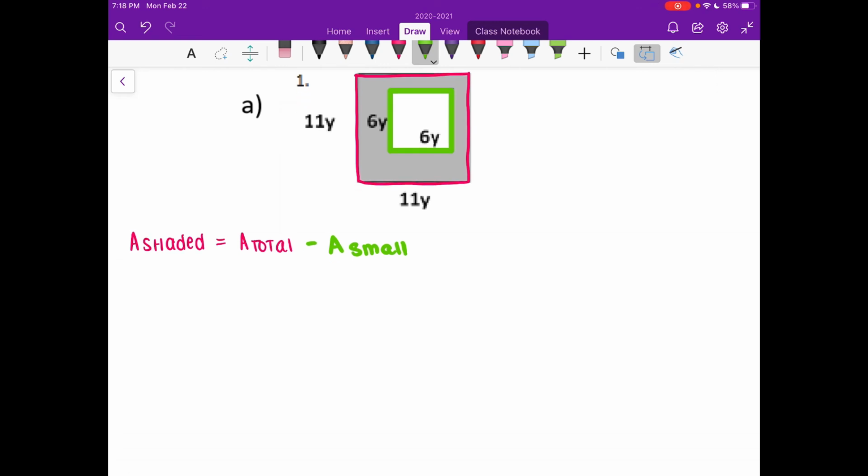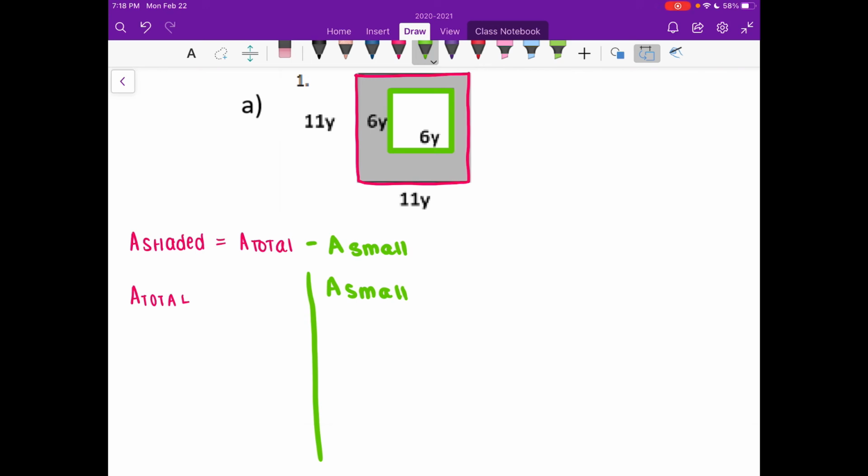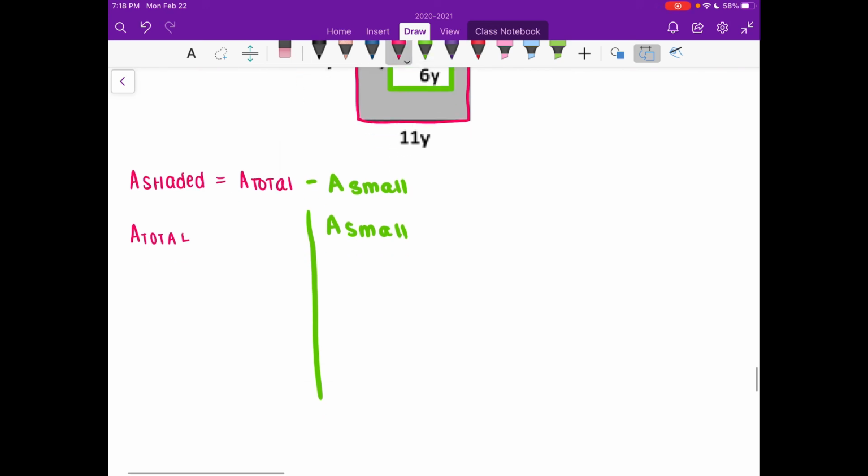So in order for us to do this, let's find the area of the total separately. Then let's go separately and find the area of the small. And I'm just going to make my pen a little skinnier here. So let's find the area of the total first. Area of the total is equal to length times width, right?